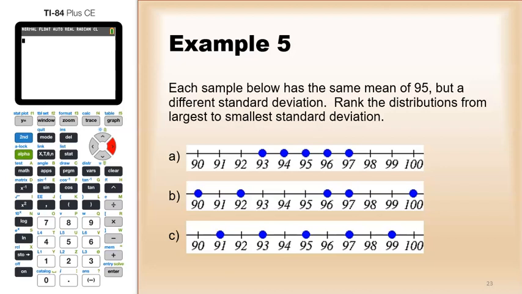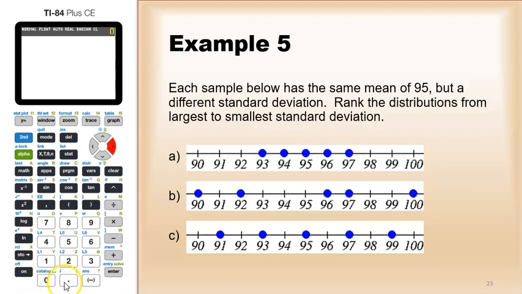Now, before I get into the formula, let's try to think about what the standard deviation measures. What you see below here is three samples, each of which has a mean of 95, but a different standard deviation. Suppose we want to rank these distributions from largest to smallest. So I want to see which of these has the most spread.